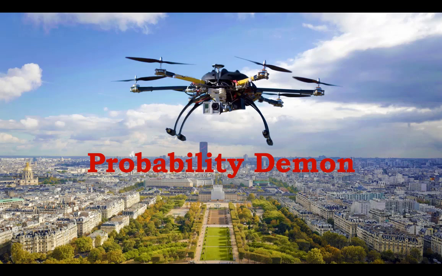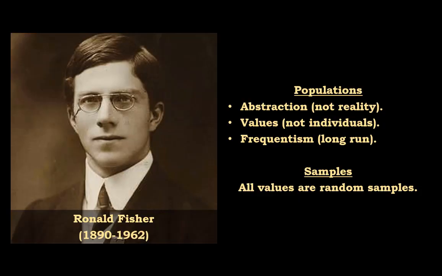And the first one is related to populations. Populations for Fisher are abstractions, not reality. That's why I introduced the probability demon, and I'm going to use this poetic license later on in this lecture.